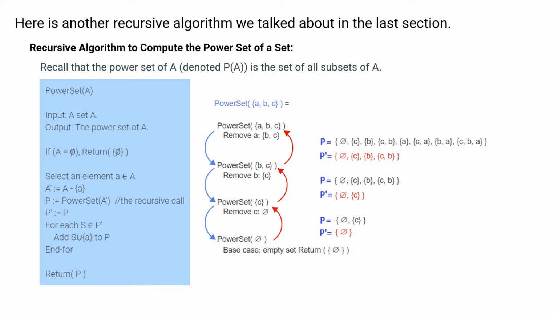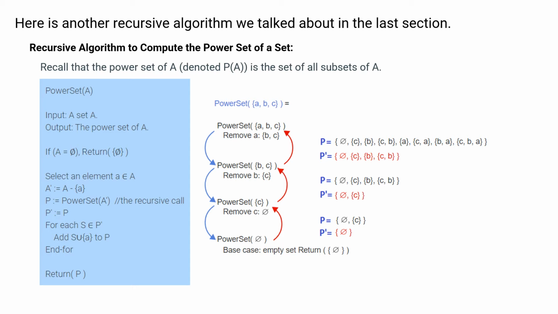We start with the first four sets that were in P prime, but then when we put an A into the empty set, we get the set just with A. When we put an A into the set with just a C in it, we'll get CA. When we put A into the set that just has B in it, we get BA, and when we put A into the set CB, we get CBA.